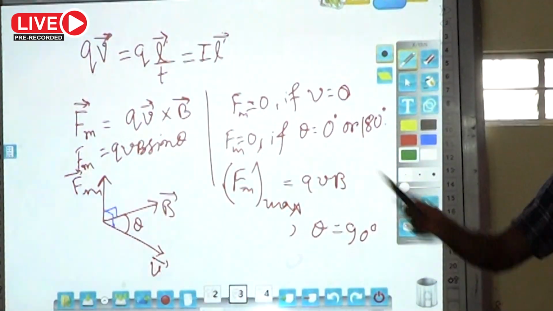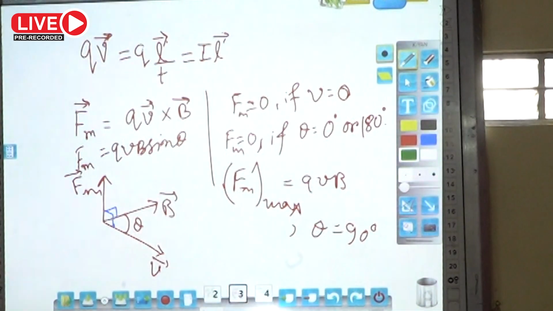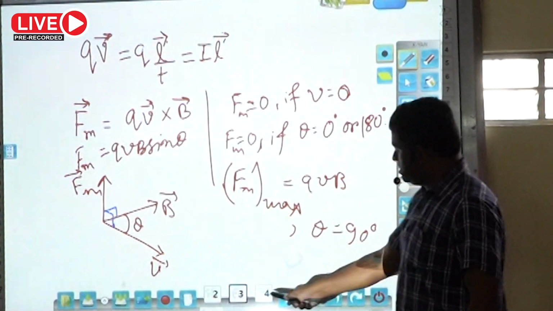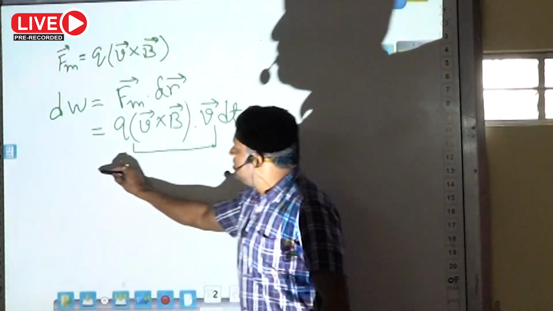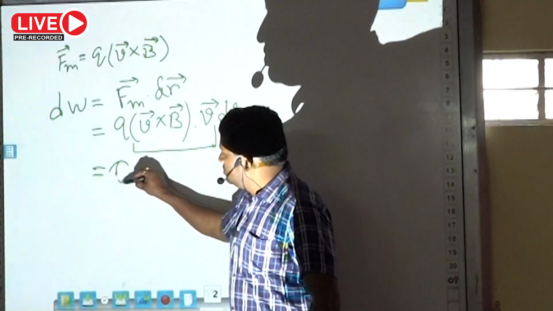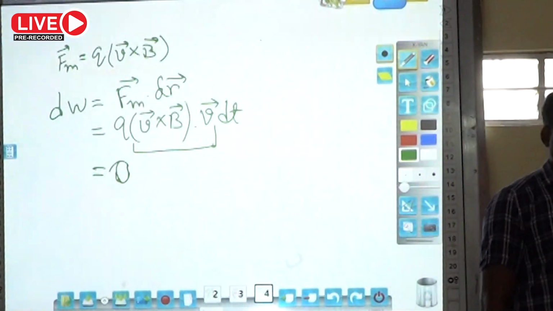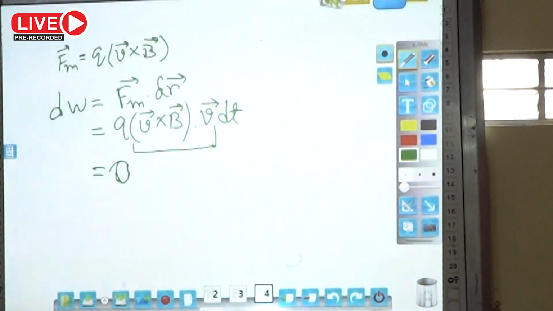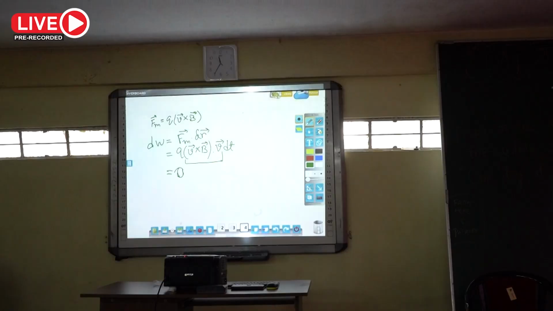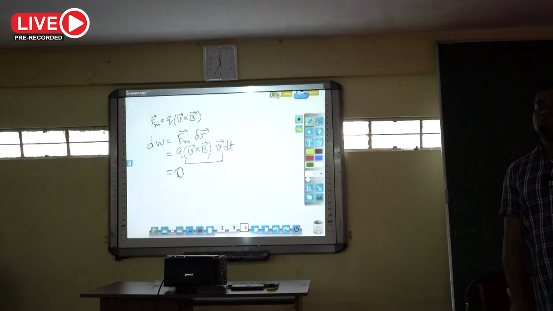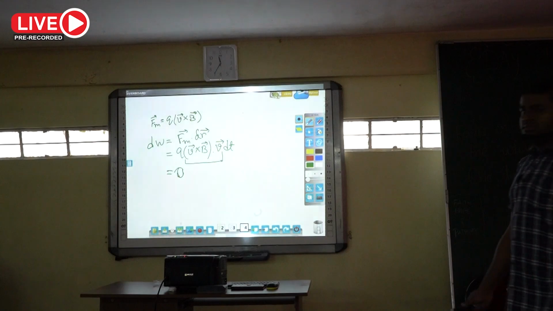So whenever you calculate V cross B dot V, the angle in the dot product is 90, so the dot product becomes 0. So this immediately comes to 0. So magnetic force on a charged particle is a no work force.